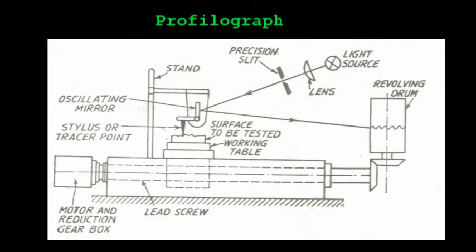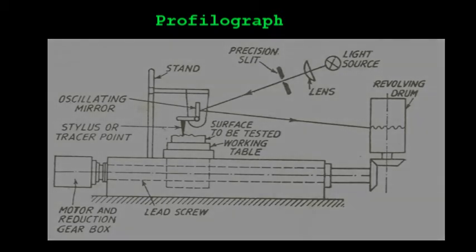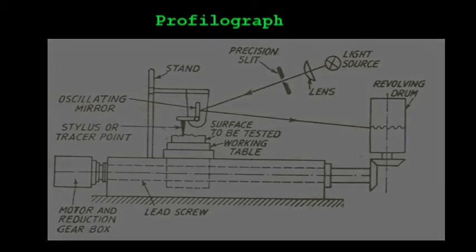This drum is rotated through two bevel gears from the same lead screw that moves the table of the instrument. A profilograph will be obtained from the sensitized film that may be subsequently analyzed to determine the value of surface roughness. So this is the working principle of the profilograph.